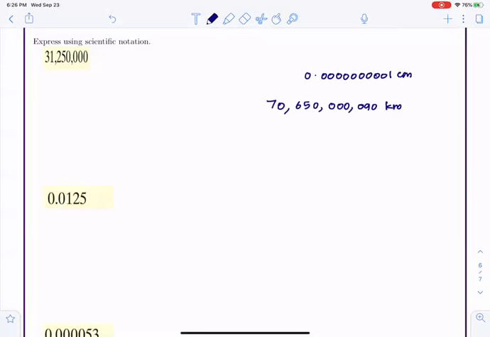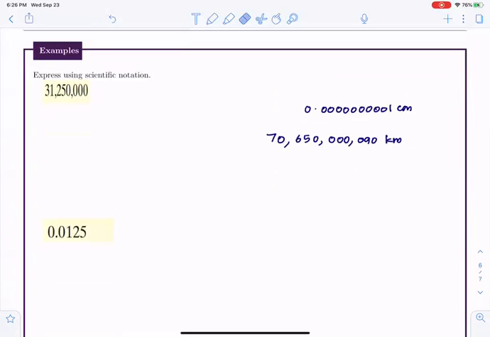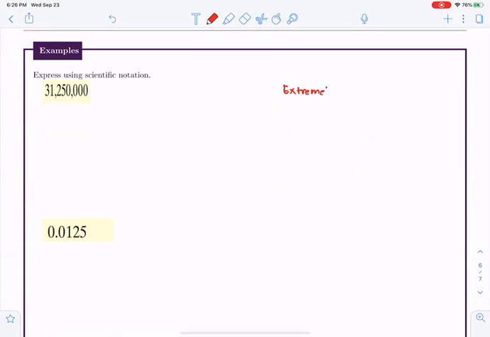So what do we do? If we want to express small numbers, so small numbers are typically expressed in negative exponents.